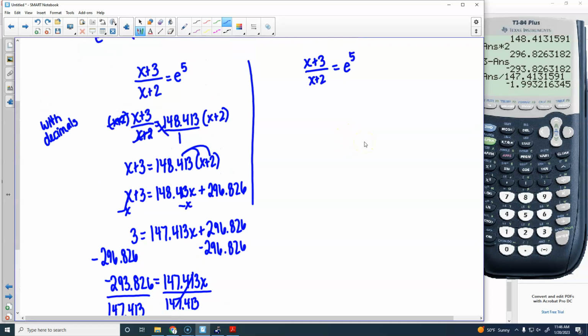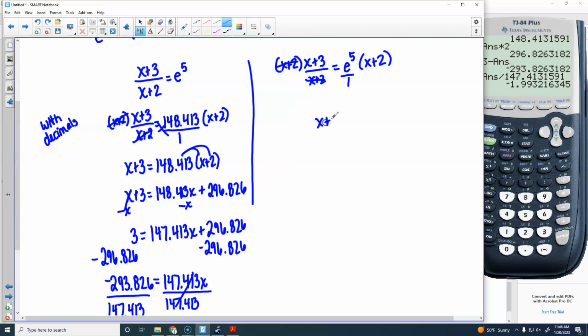Okay, so if we solve this problem using e's instead of using decimals, everything is really still exactly the same. We're just using e to the 5th instead of using decimals. So this is what that would look like here. Just like I did over here, I would multiply by x plus 2. That would cancel my x plus 2 out.